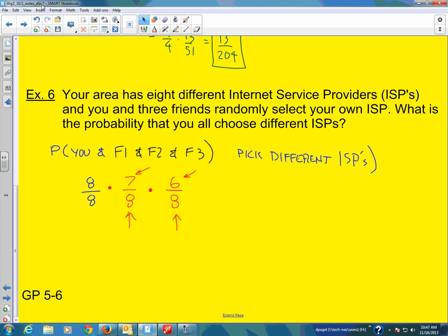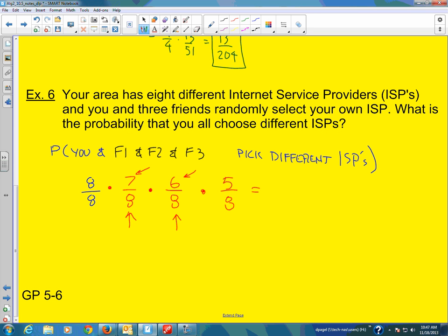Apologize there. We're going to have to add on here friend 3. So friend 3 gets included in the mix and has a 5 out of 8.